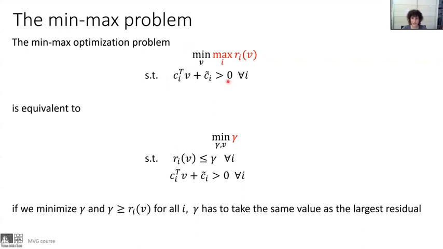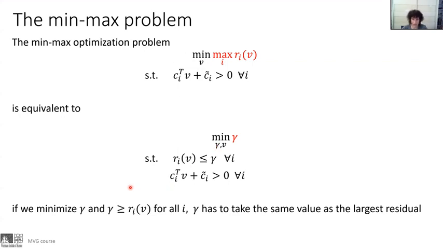Instead of this, I'm moving it to the constraint, and I say the following. Minimize gamma such that the residual will be smaller than gamma, and keeping this constraint, okay? Now, before I had just this optimization variable V, now I have V and gamma. Gamma is a scalar, okay?